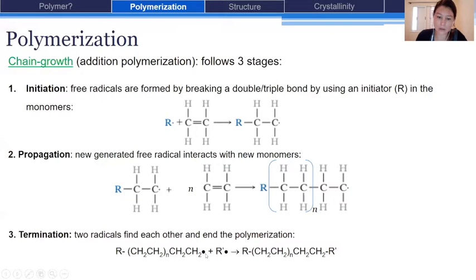Once these two radicals find each other, they create this covalent bond, and we don't have any radical anymore on the growing chain of the polymer. So no more reaction. To summarize, in chain growth polymerization, we have three stages: initiation, propagation, and termination.